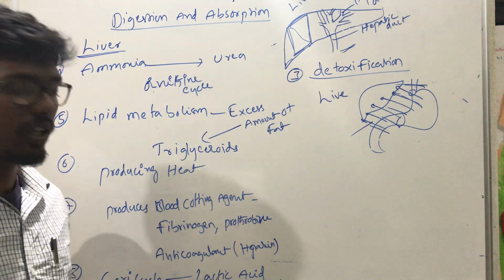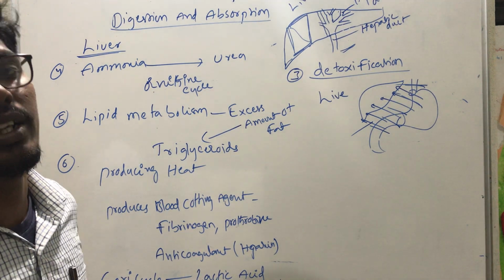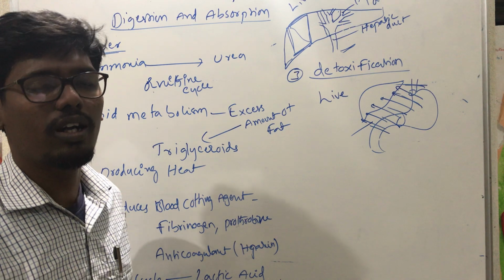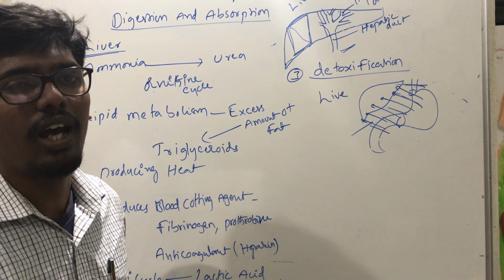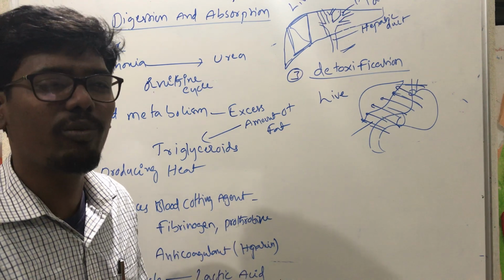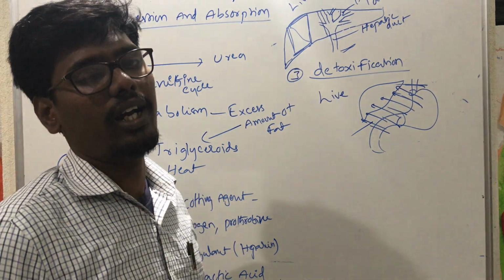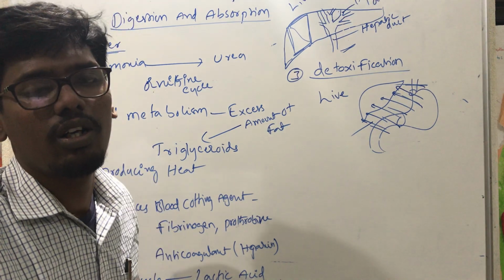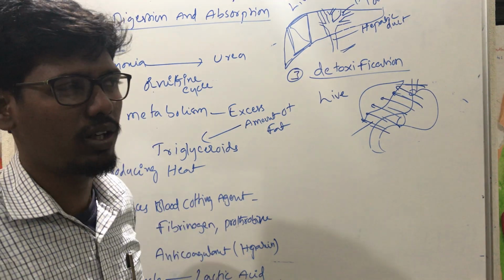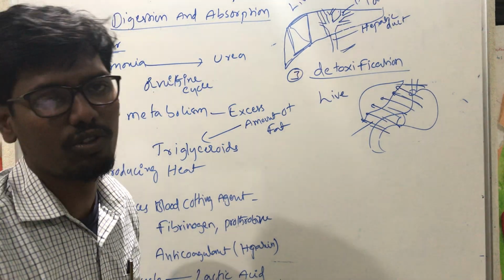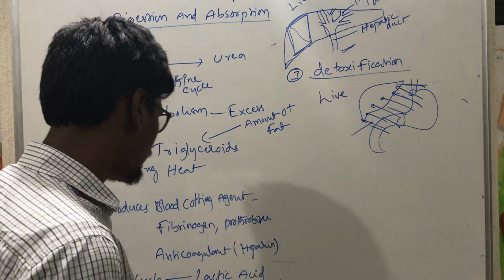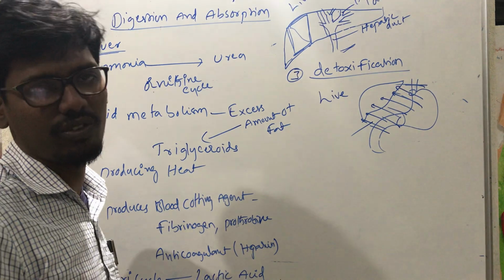We will discuss the Cori cycle clearly in the respiratory system. For example, when we walk or exercise, all organs coordinate and run short of oxygen, so breathing becomes fast. At that time the liver converts lactic acid into pyruvate, and then ATPs are released, 36 or 32 ATPs. We will discuss the process of the Cori cycle in the respiratory system.